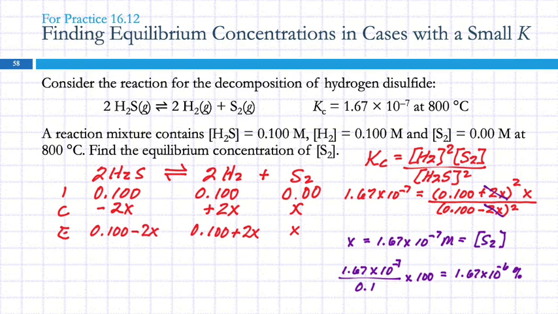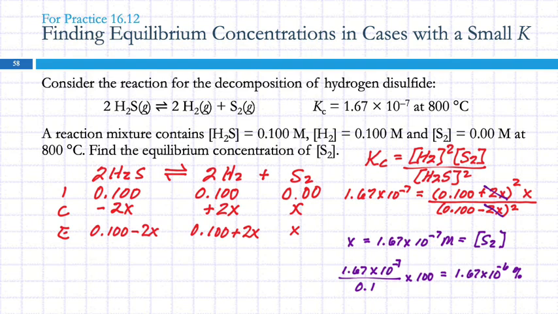You mean for K? Yeah, for K. Well, how small does K need to be for you to be able to use the x is small rule? That depends on what your initial concentrations are. You know, if K is less than 1, you could always try it.